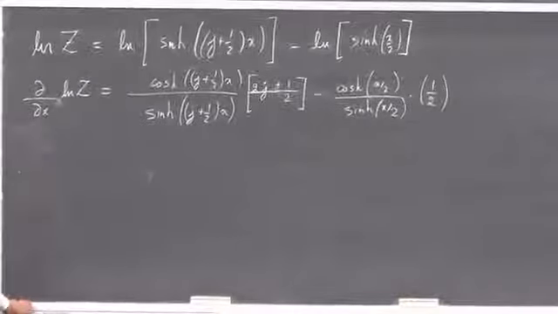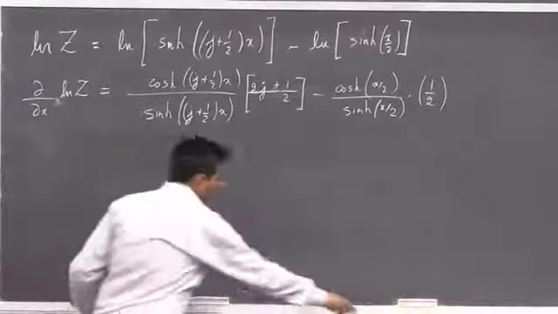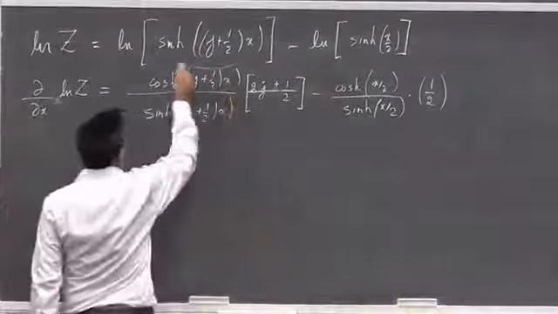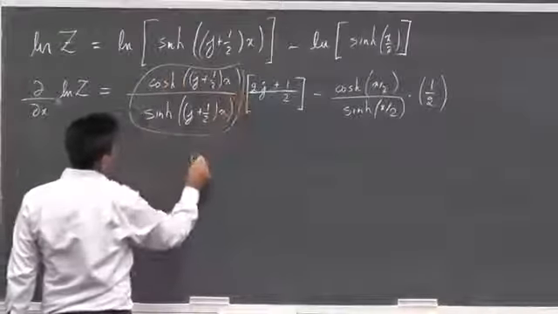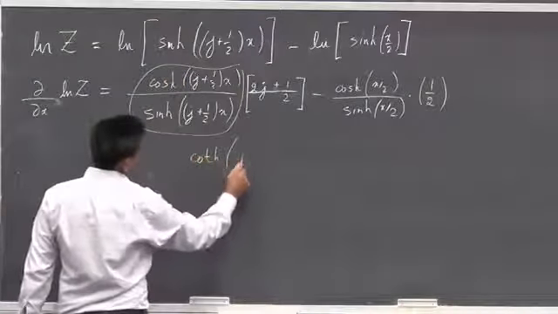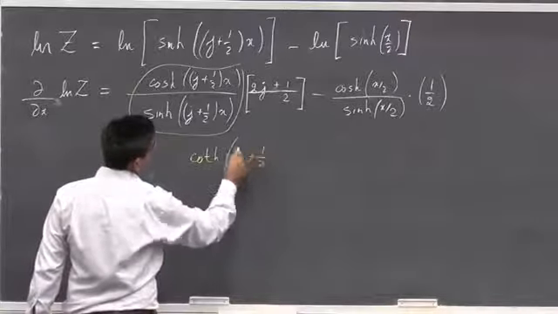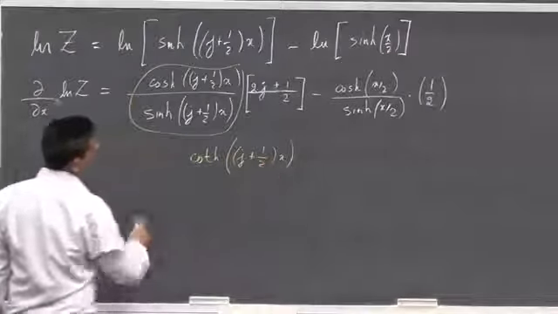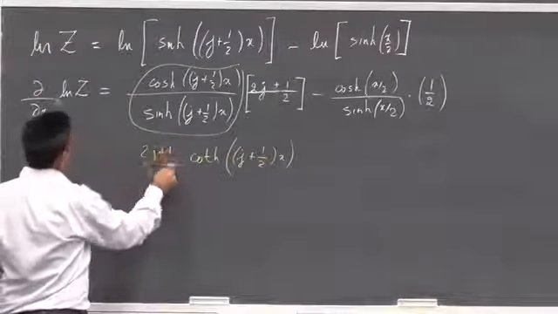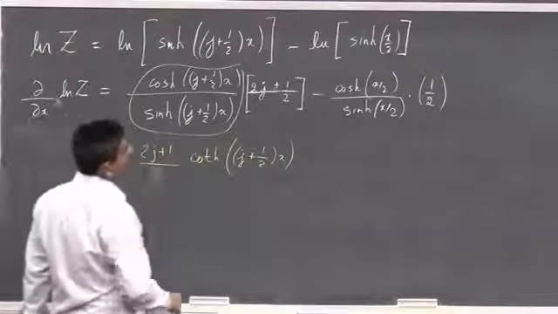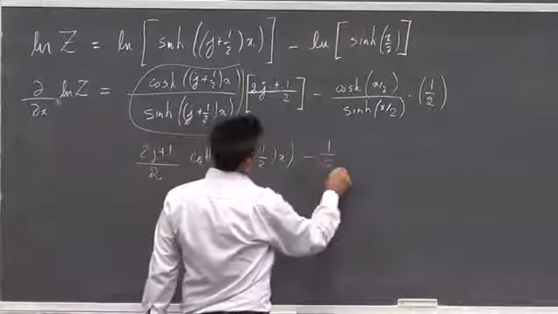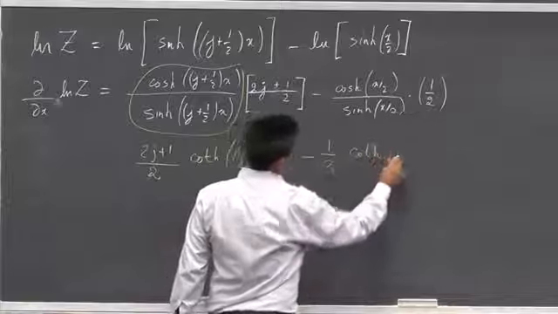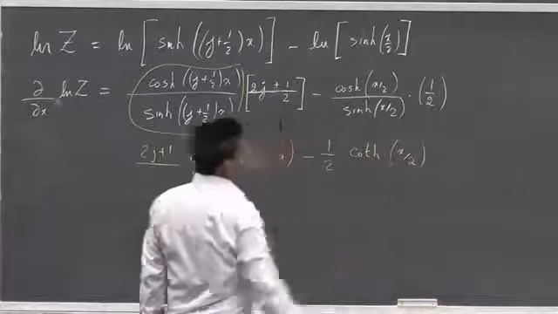So this thing is simply coth of (j plus half) x times (2j plus 1) over 2, minus 1/2 coth of x over 2.